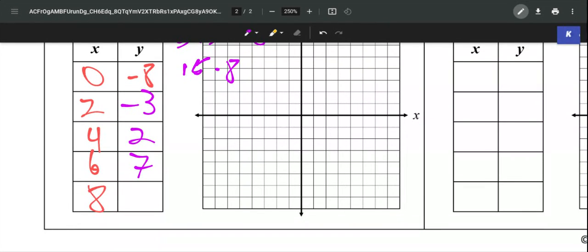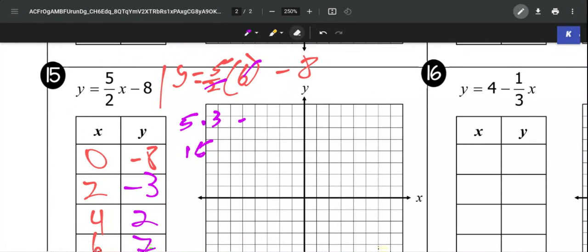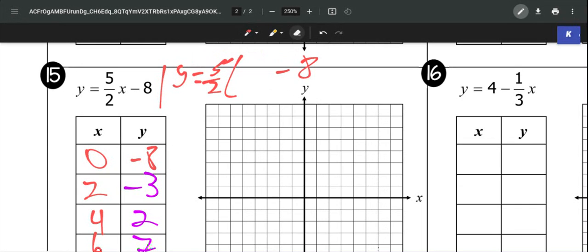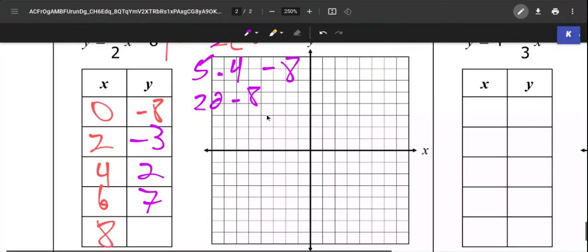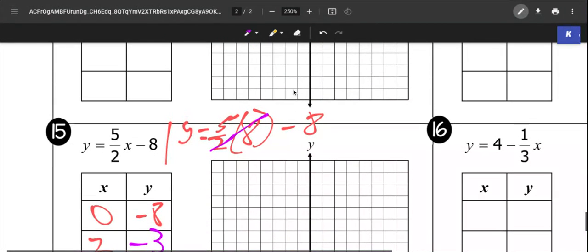And then the last one is going to be plugging in 8 for x. So we'll have 5 over 2 times 8, which if we divide across the diagonal, 8 divided by 2 is going to give us 4. So 4 times 5 minus 8, and that's going to give us 20 minus 8, which is 12. So now all we need to do is graph all these points, and we will be finished.